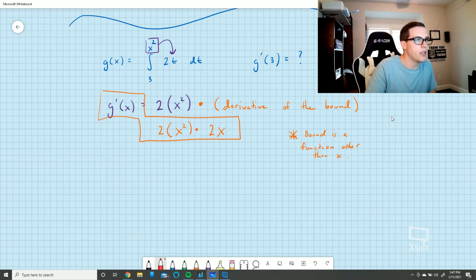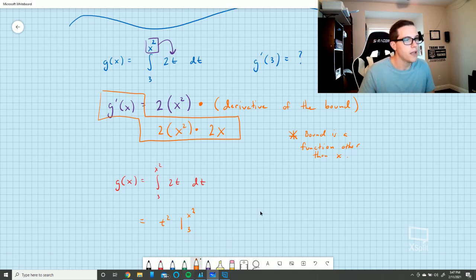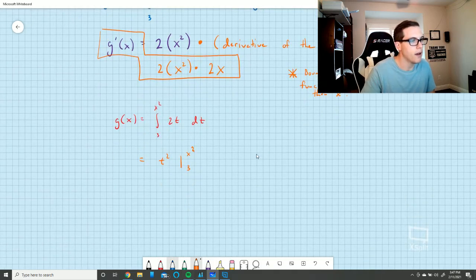Think about if I did this like we've been doing it. So I start with g of x equals the integral from 3 to x squared of 2t dt. Take the antiderivative, which is t squared, from 3 to x squared. Plug in the top bound minus the bottom bound. So that would be x squared plugged in, squared, minus, plug in 3, you get 9.